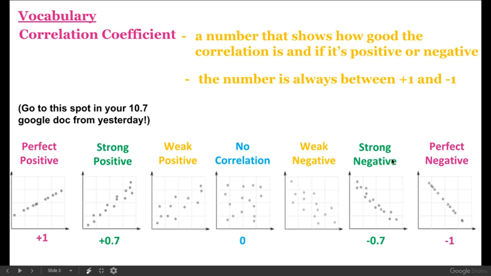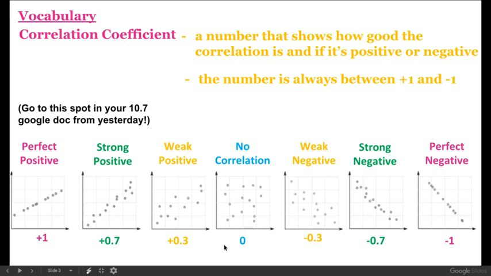Okay. And then basically now we're going to get into weaker. So it's going to be a little bit closer to 0, right? So this weak positive could be like 0.4, 0.3, 0.2, right? But it's going to be positive. And then weak negative could be like -0.3 or -0.2 or -0.1.